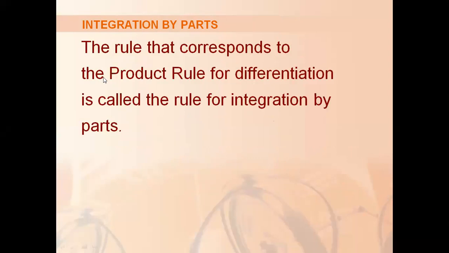So integration by parts: the rule that corresponds to the product rule for differentiation is called the rule of integration by parts. Remember this. What is integration by parts? The rule that corresponds to the product rule for differentiation is called the rule for integration by parts. That means it has a relation with the product rule of differentiation.